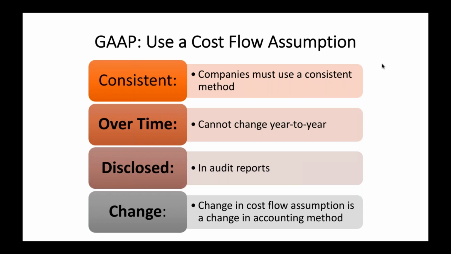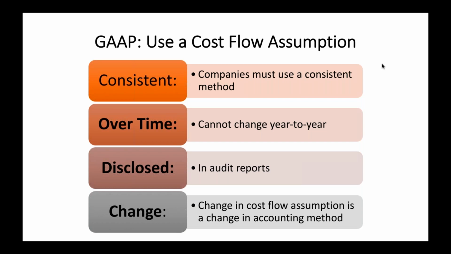This method of cost flow assumption must be disclosed in any audit reports of the company, and if you do change cost flow assumptions, it is considered a change in accounting method and must be disclosed in all financial reports. So it's about consistency over time.